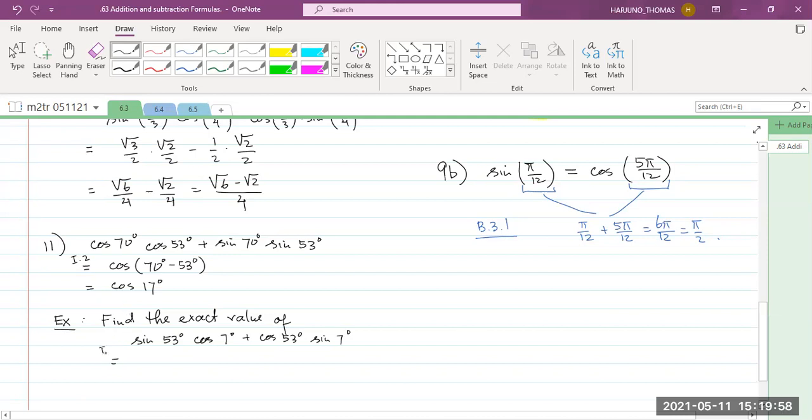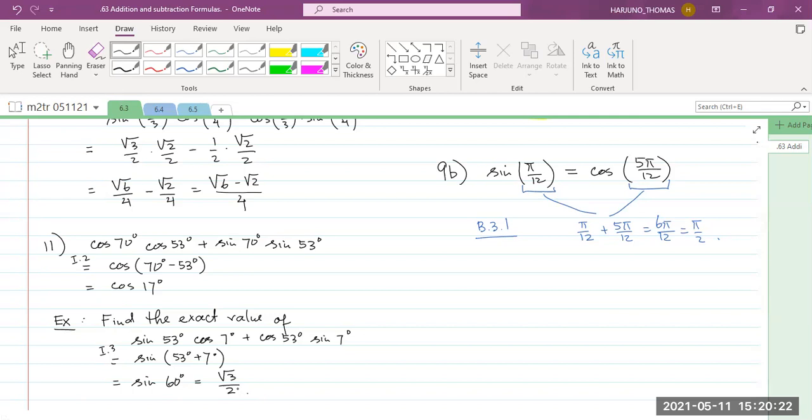If you notice, this is formula 1, 3, right? This is sine of 53 degrees plus 7 degrees, which is sine 60 degrees, which is a special angle. Then we can get the exact value. You see that? Which will not be achieved if you use the calculator right away here. Now, the thing is, sine, cosine, tangent, cotangent, secant, cosecant are so closely related that moving forward, once you do rounding in one of them, you will never get the exact value back anymore.